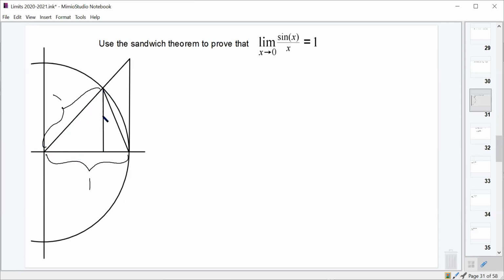This height right here, with angle x, is sine x. The base is cosine x.